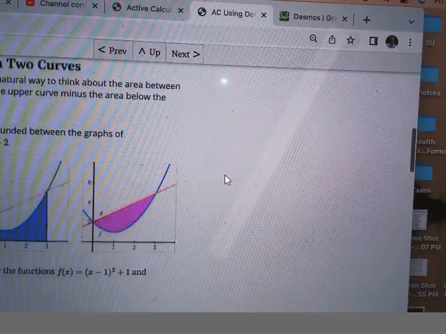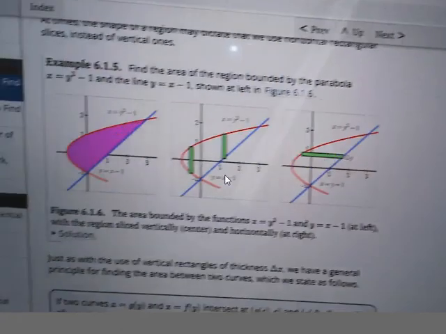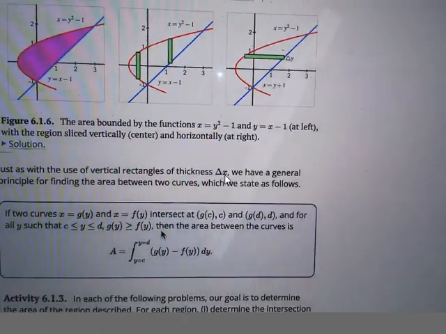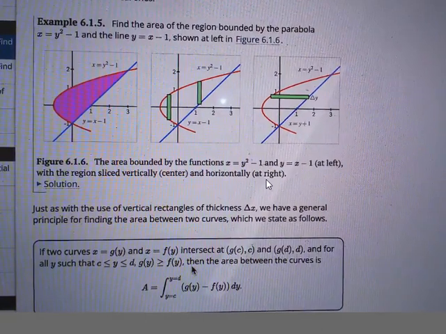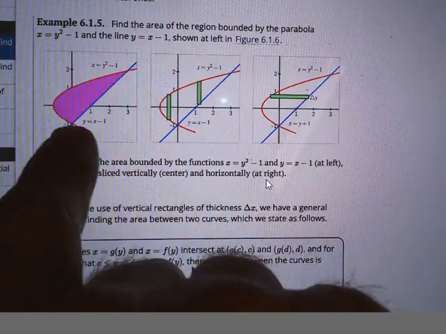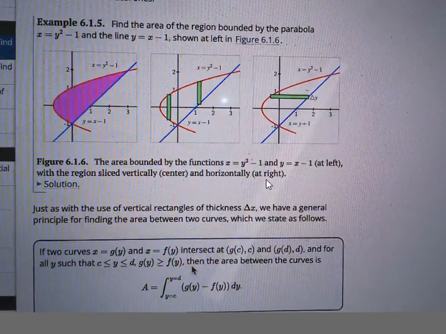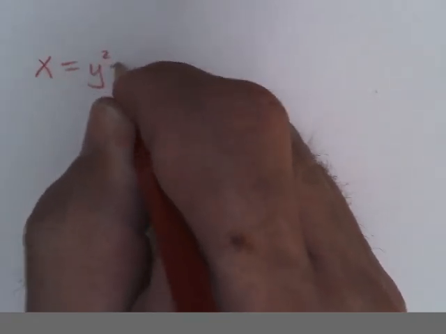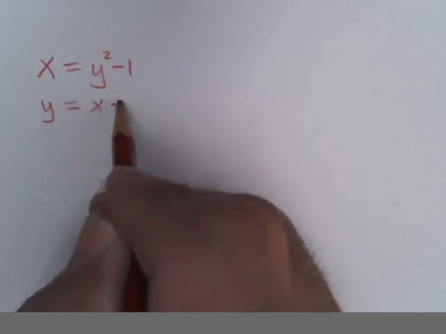It kind of reviewed the area between two curves, but then it came to an example here that I want to talk about. So we've got a sideways parabola and a line: x equals y squared minus 1, and y equals x minus 1.